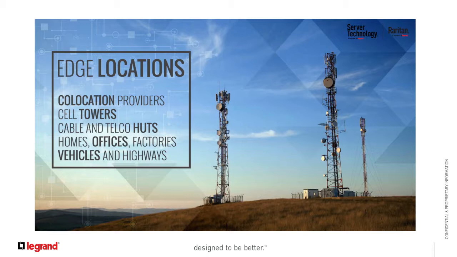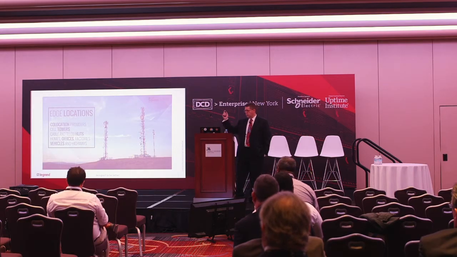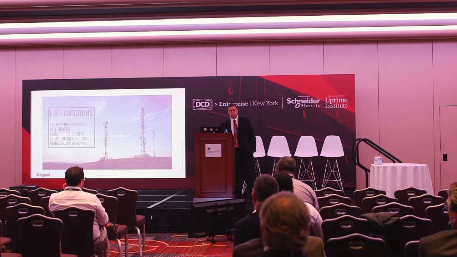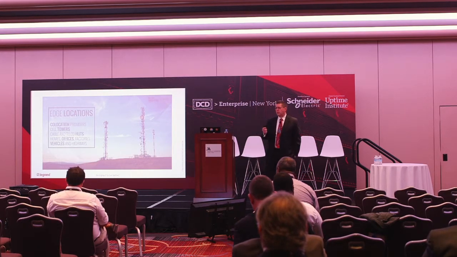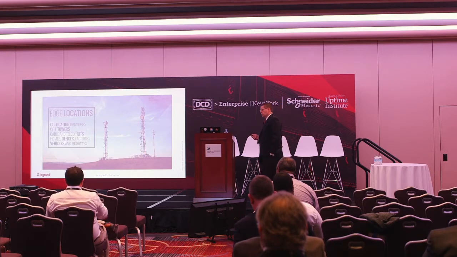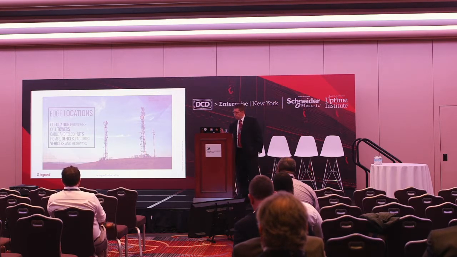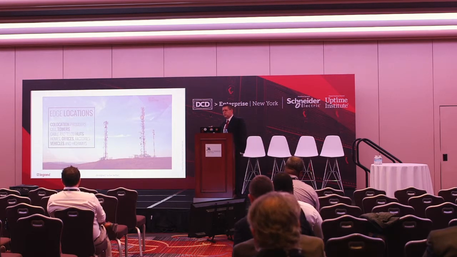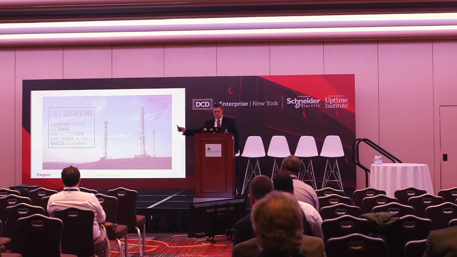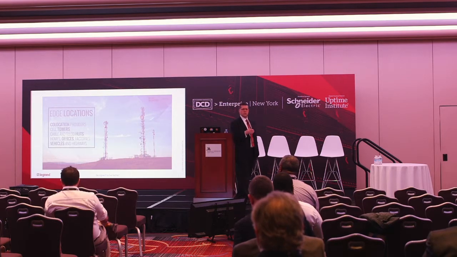Co-location providers, cell towers, cable and telco huts, homes, offices, industrial parks, factories, vehicles, highways, things that are already around you, things that already have a degree of infrastructure support, okay? So, like the mantra of the real estate business, location, location, location, edge is going to be all about locations, all right?